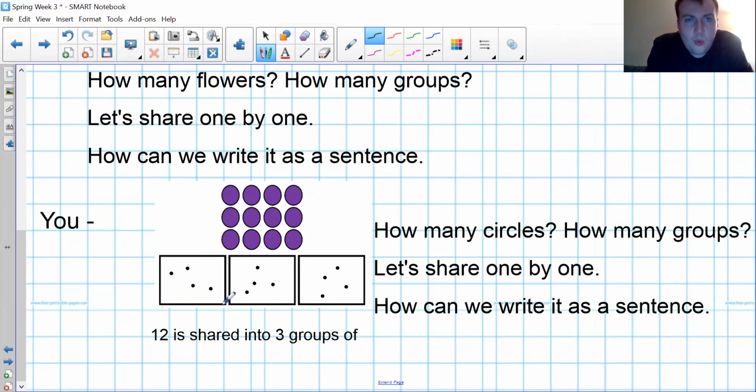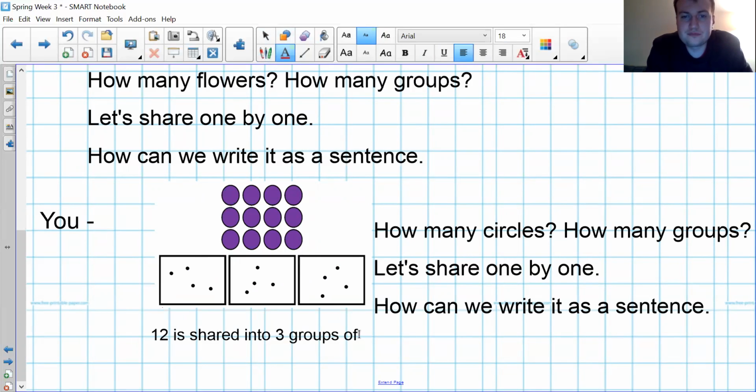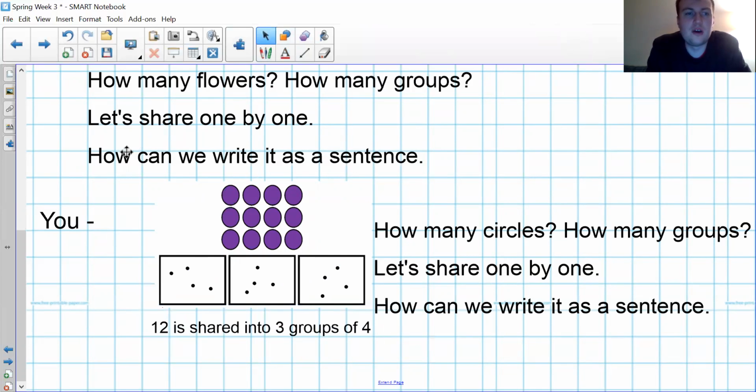Then I'm going to count up the one group, and I've got 4. So into 3 groups of 4. That is my sentence. 12 is shared into 3 groups of 4.